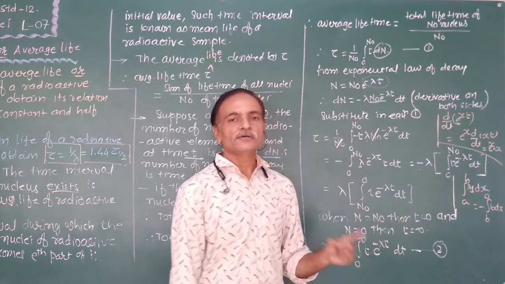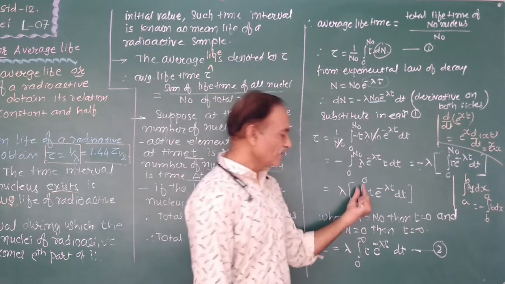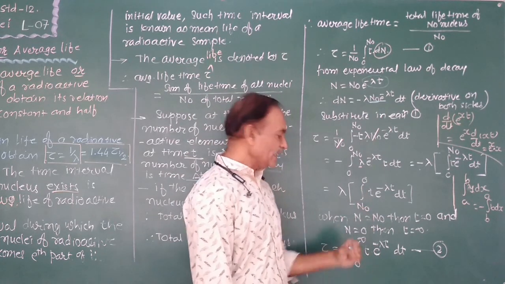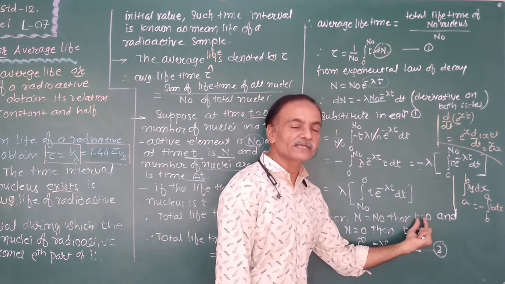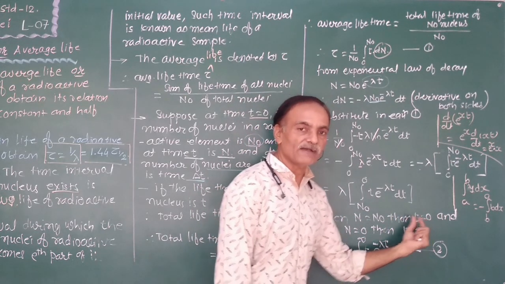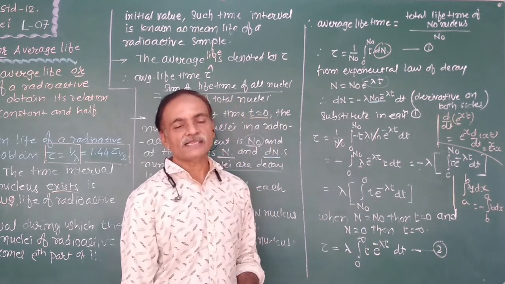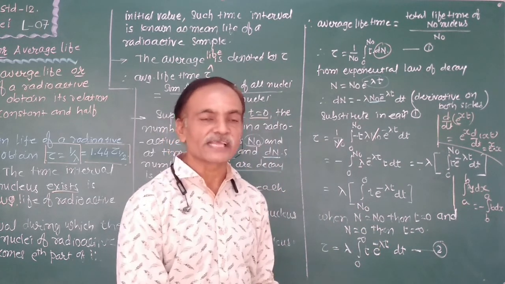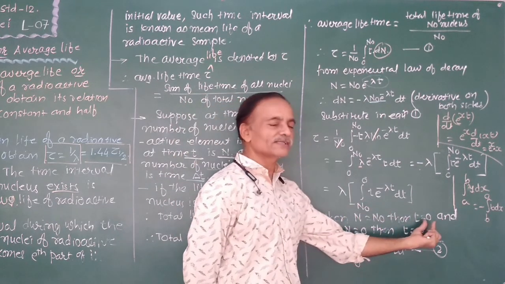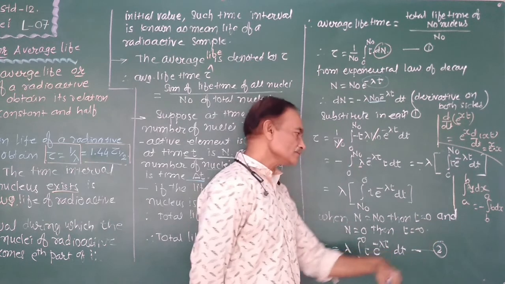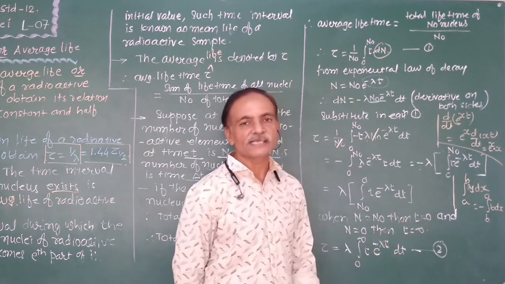N0 and 0 represent the number of nuclei; we have to convert them into time. When n is equal to n0, the time t is equal to 0. And when the number of nuclei becomes 0, the time taken is infinite.